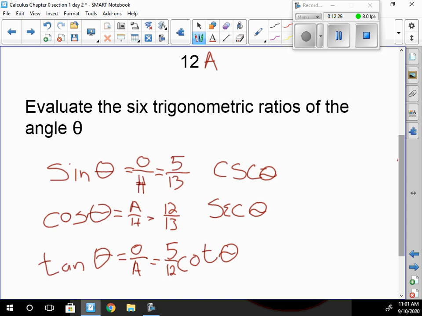Now, these 3 are my favorites. Move that cotangent theta over. These 3 are my favorites because it means I can look at this one, and if I did this one right, this is going to just be the flip. This can be a dangerous game, though. If I did this one wrong and I flip it, I got this one wrong.